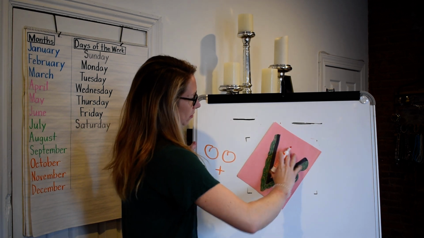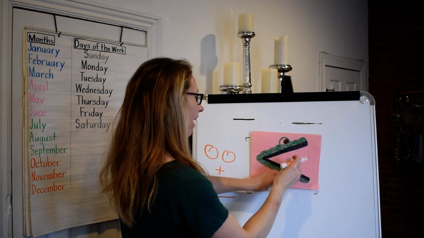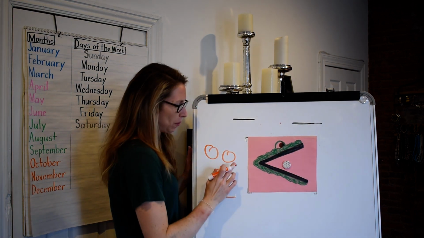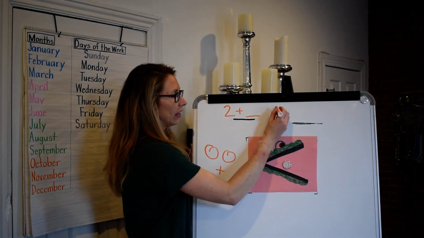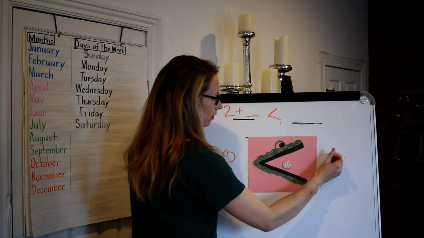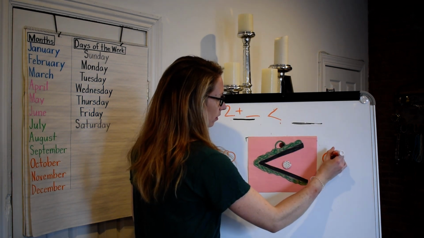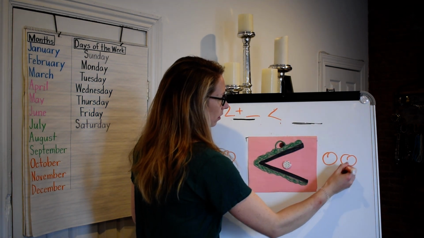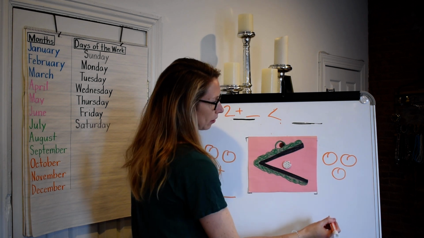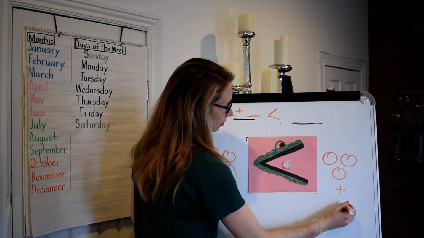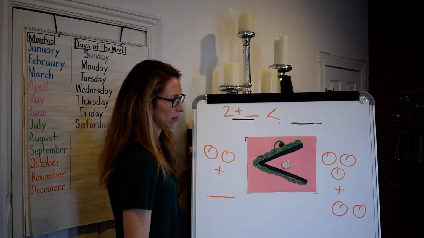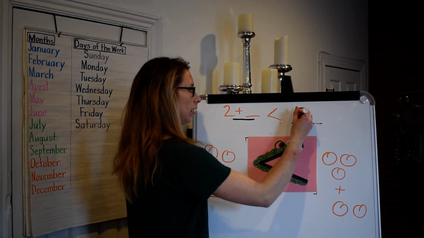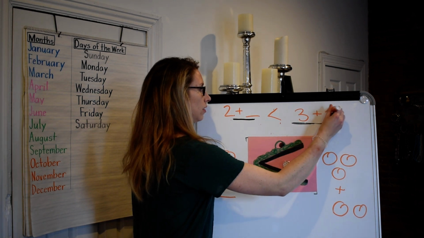Is, sorry Al, 2 plus something peaches is less than 3 plus 2 peaches. So 3 plus 2.